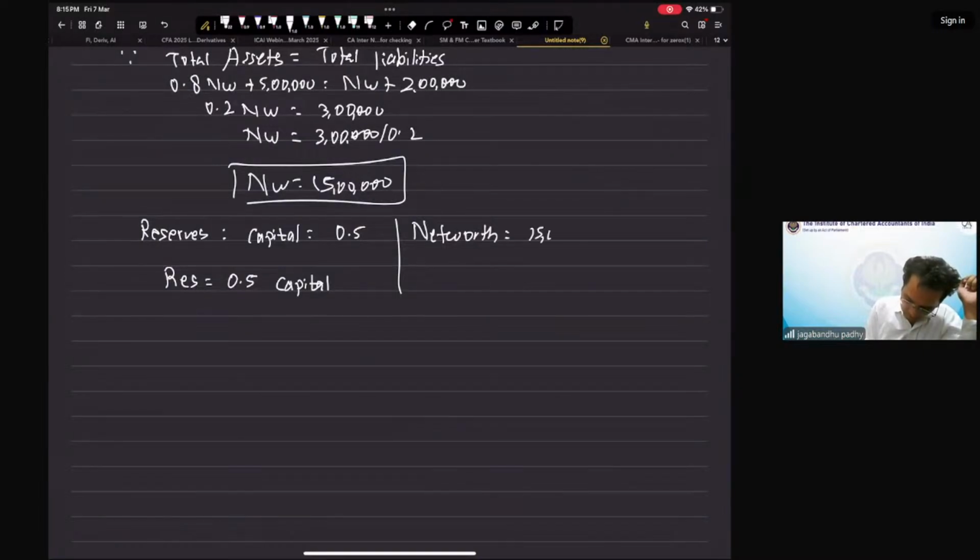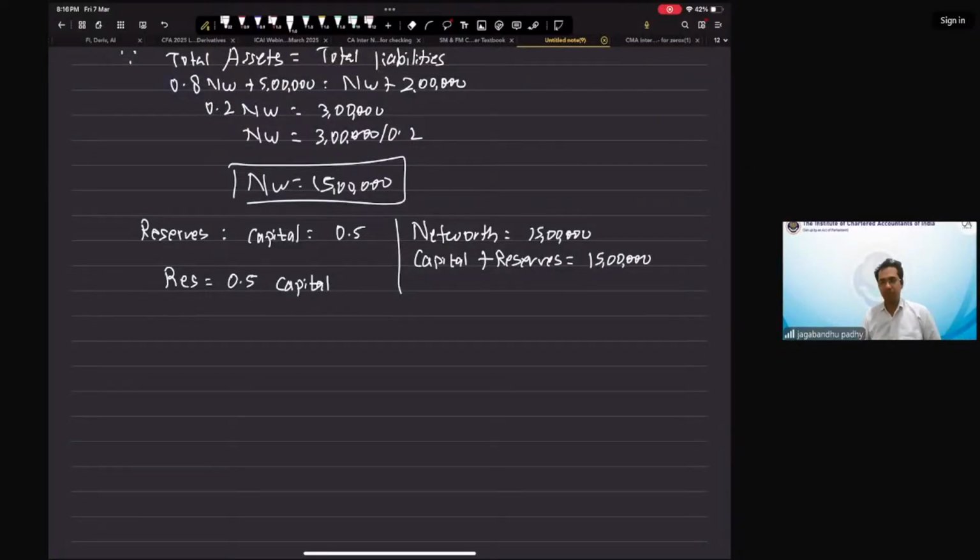Net worth is 15 lakh. Net worth stands as capital plus reserves is 15 lakhs. So let's just substitute it over here.